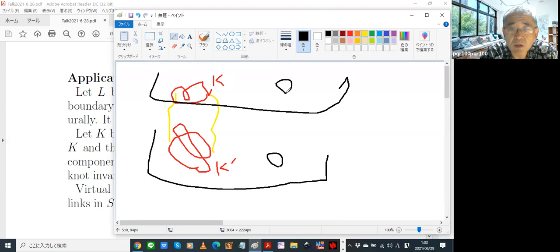Anyway, three-manifold to three-manifold. We consider complement and complement. The boundary is torus and torus. A cobordism gives a cobordism four-manifold from M to M prime.